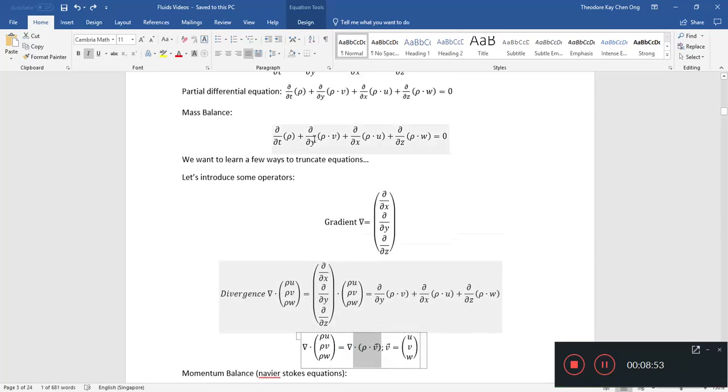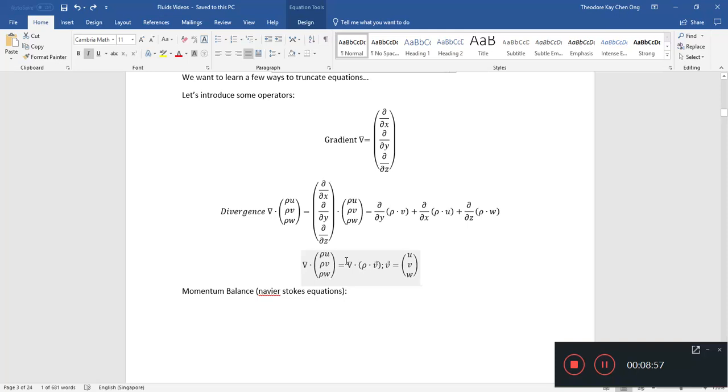So you see, we have three slightly messy terms and we got to spend lots of time writing, but we can just use this notation here when we factorize the density out to arrive at this. This very simple, very compact way of writing this partial by partial x, partial by partial y, partial by partial z.